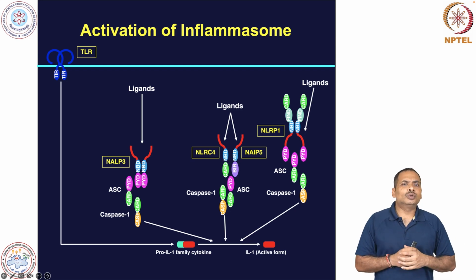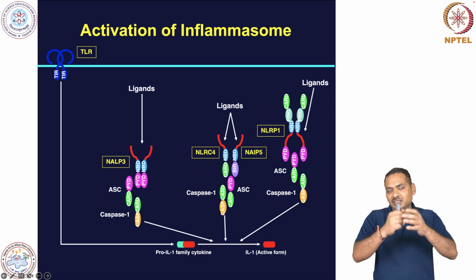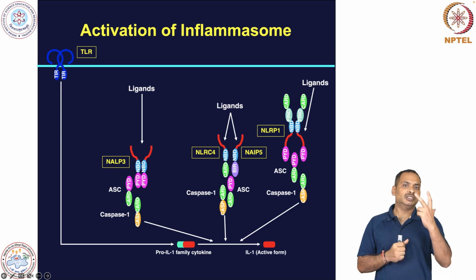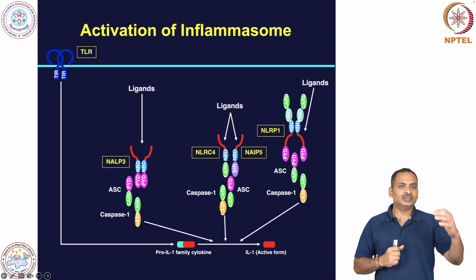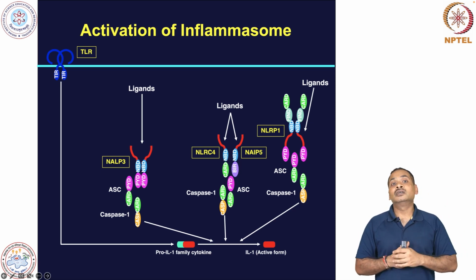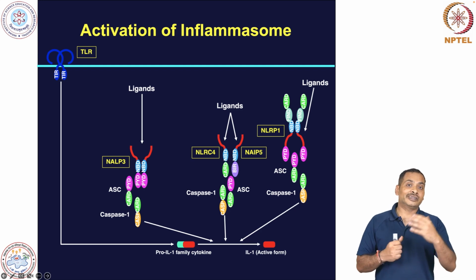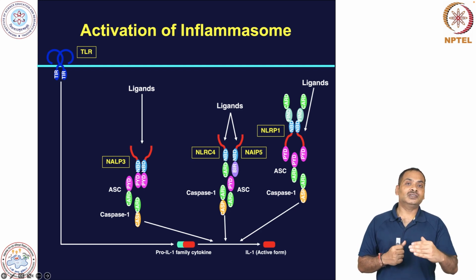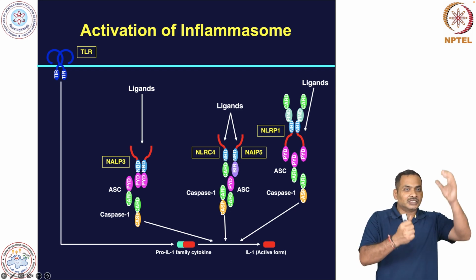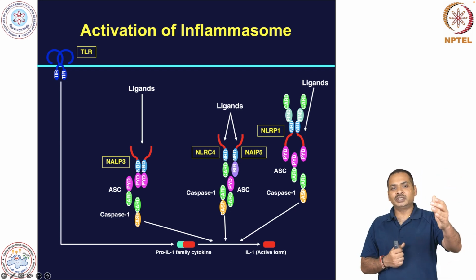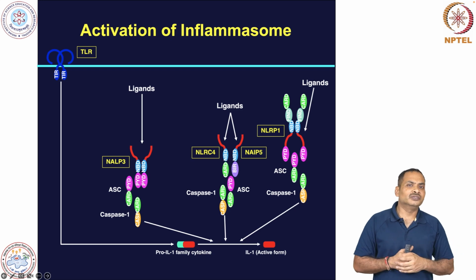Here you need to note one very important thing. In order to activate this inflammasome, you need two signals. One is any signaling which will increase the amount of caspase 1 as well as pro IL-1 family cytokine, which is driven by NF kappa B. Here, for your convenience, I put TLR.